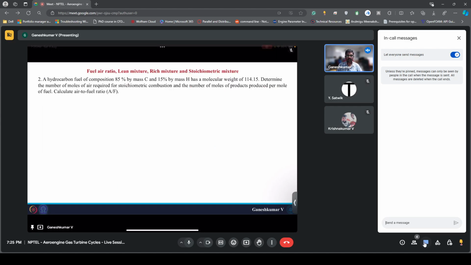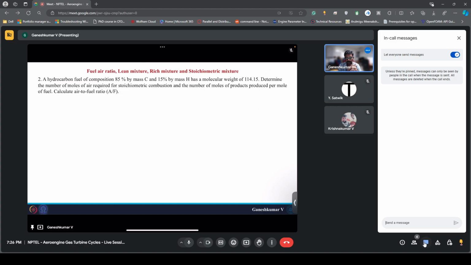The second is about your combustion chamber. In the combustion chamber, what we usually worry about is the turbine exit temperature, or the exit temperature of the combustion chamber, or turbine inlet temperature. Both are going to be almost the same. Or the fuel ratio, the amount of fuel that we add in the combustion.